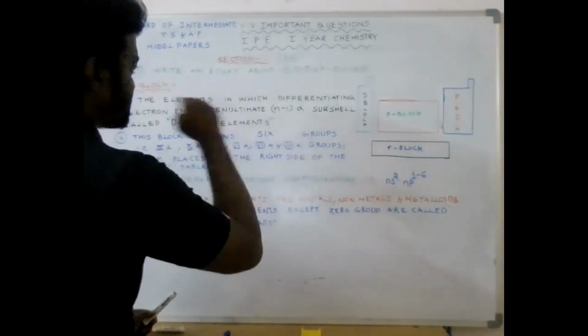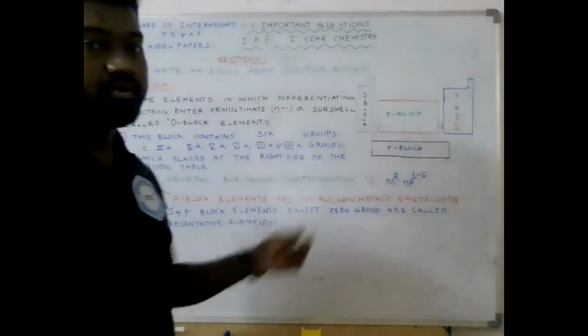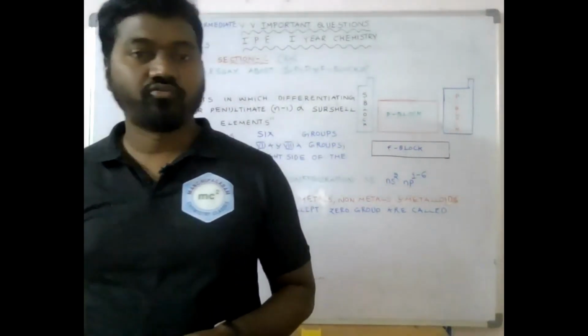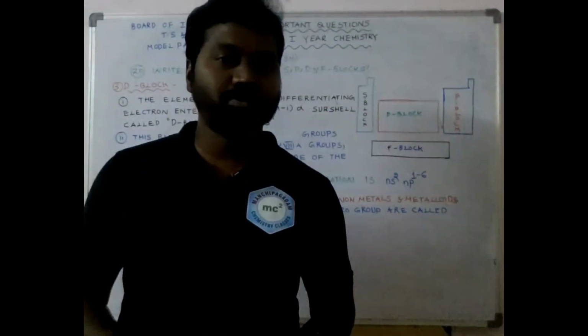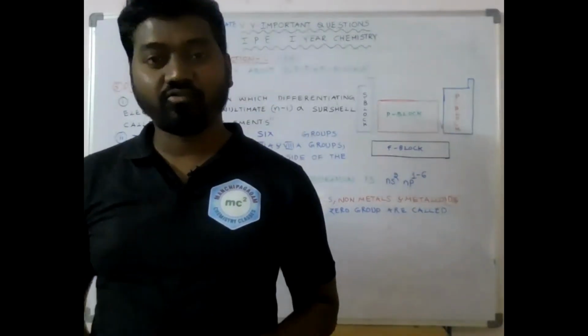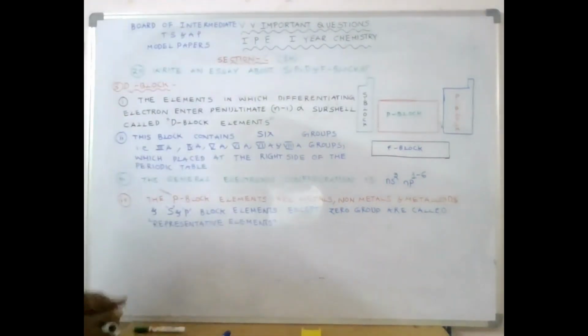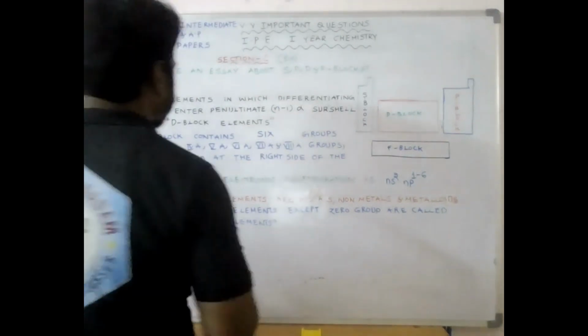This block contains how many groups? D block contains 3rd B, 4th B, 5th B, 6th B, 7th B, 8th B, 1st B, 2nd B. All of them, how many? 8 groups.